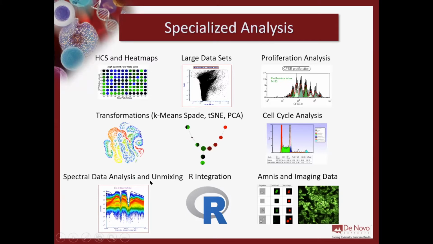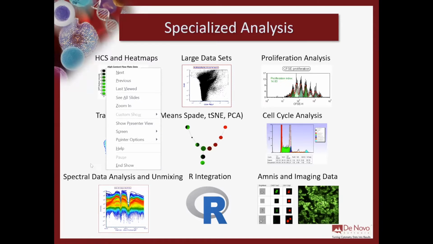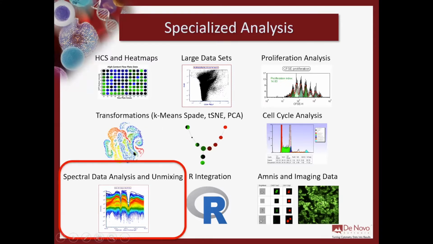But one of the things I wanted to focus on today is also spectral data analysis and unmixing, because this is something we've worked with Sony, we've worked with Cytek in the past, to not only read the standard FCS files that come off of these instruments, but actually to read that full spectral data.